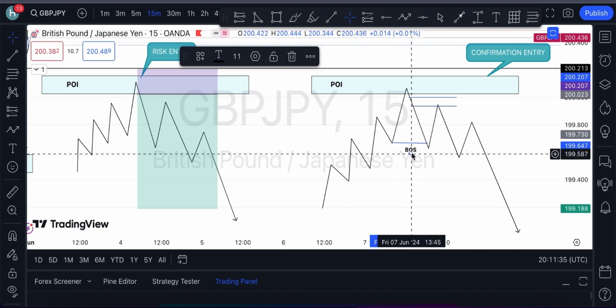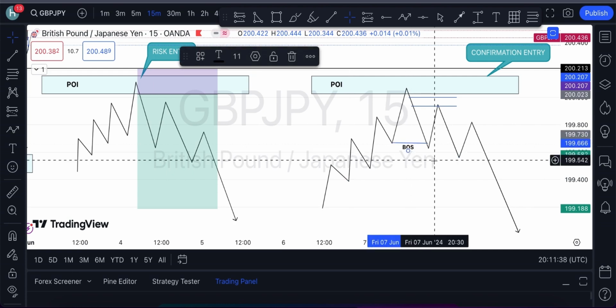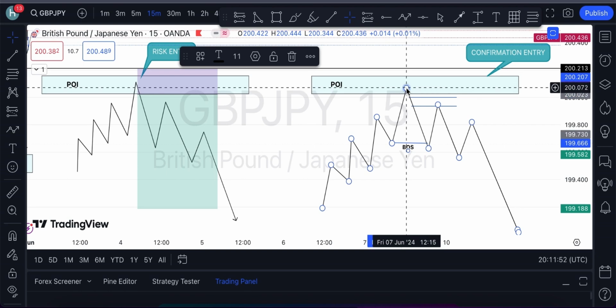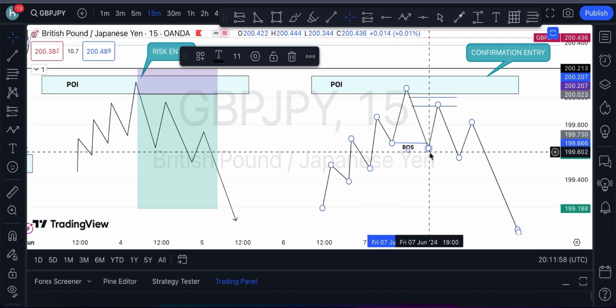So now, as a trader that wants to be entering a confirmation setup, you wait for price to come to a POI first. Then after price comes to your POI, you don't enter the trade immediately. You wait for price to do a break of structure.